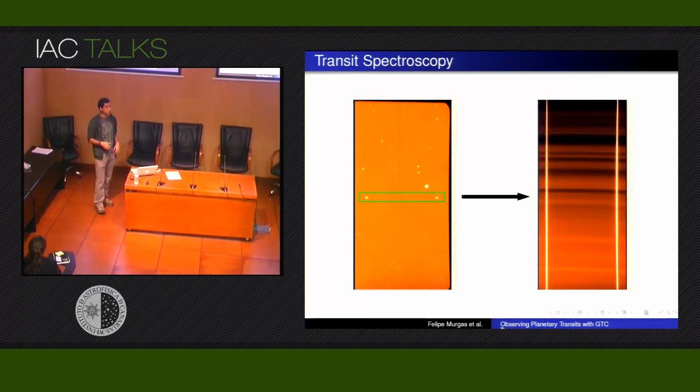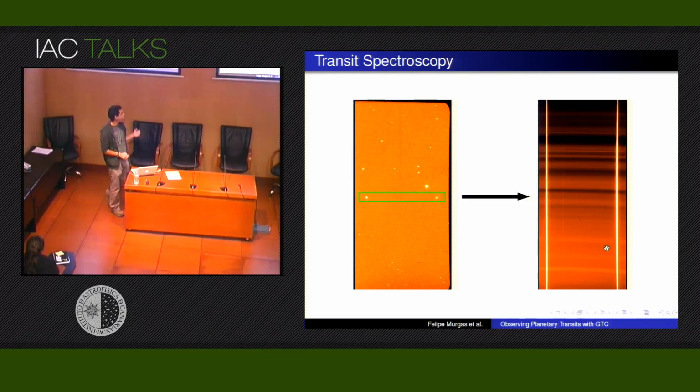So, transit spectroscopy. Now I'll talk about a little bit of the work we have been doing with the long slit spectroscopy mode. Just to show a cartoon of how this works, these are actual images from GTC Osiris. You have your field, you have your target and your reference. You put first light, and you end up with something like this: the spectra of each of the stars.